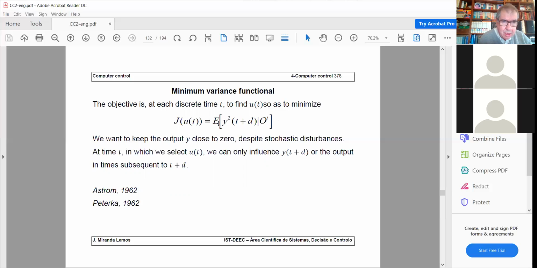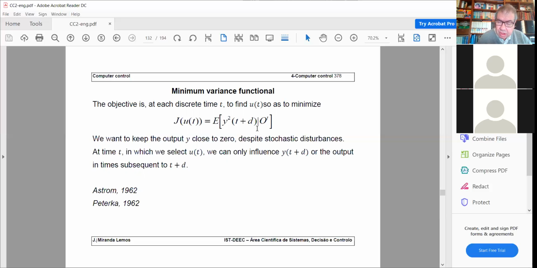Now, suppose that R is very small. Where does LQ control place the poles? It's very clever, because if the zeros of the open loop system are inside the unit circle, they cancel the zeros as minimum variance control does.